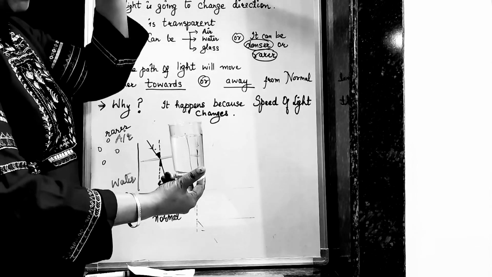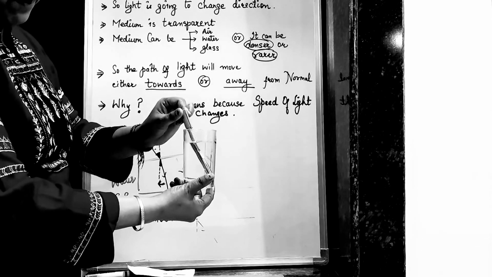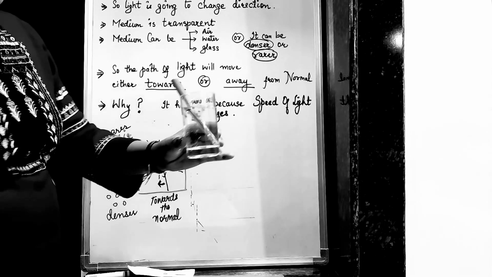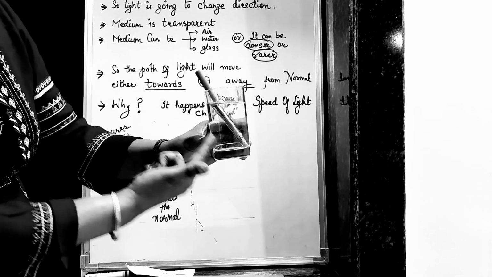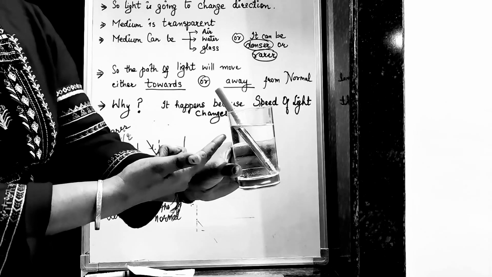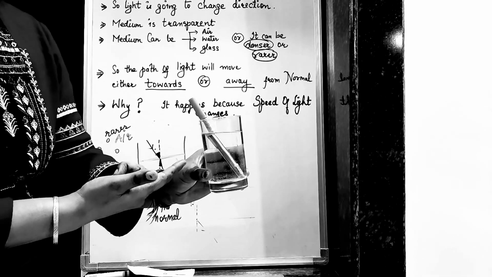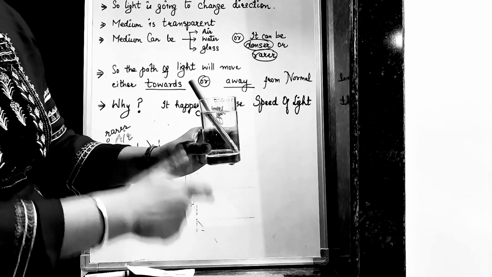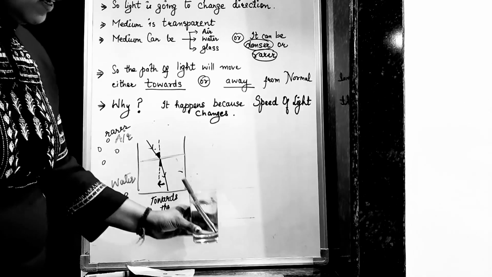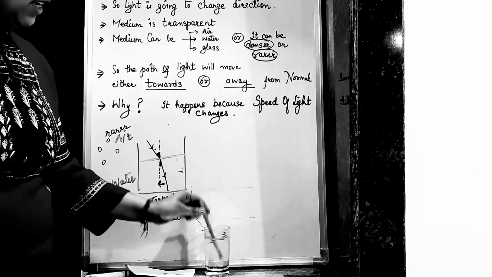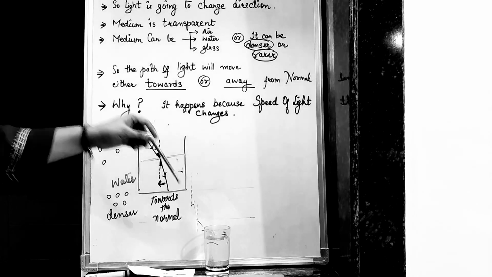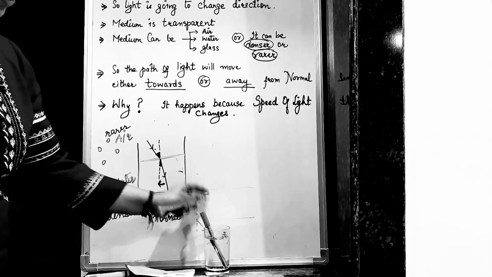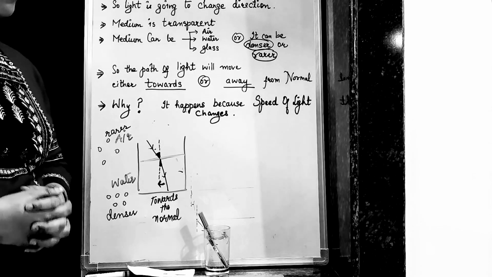It will enter from air to water, and now you will easily see that the pen is slightly bent. Why has this pen suddenly distorted its shape? Because it is showing the phenomenon of the refraction of light. Do it yourself and you will find it very simple.